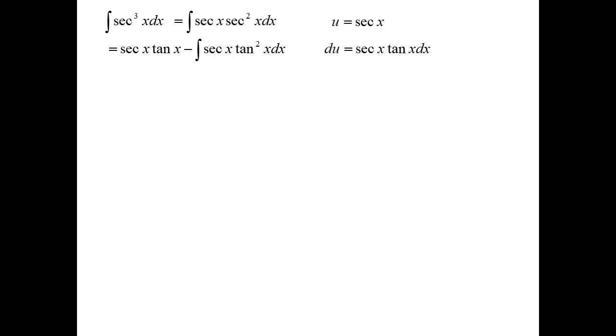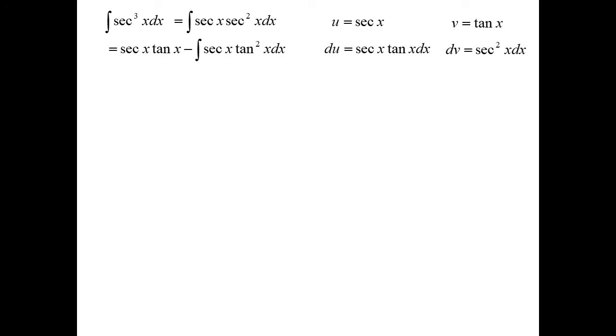Sec cubed. Sec cubed, I'm going to break up into sec times sec squared. And I'll do a substitution, u equals sec x, which means du is sec x tan x. dv, yes, in case you haven't worked it out, I'm doing it by parts. dv is sec squared, and v is tan x.